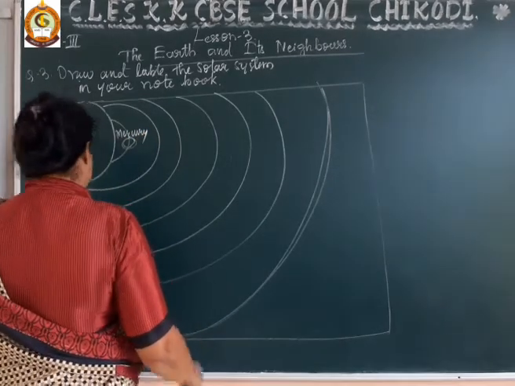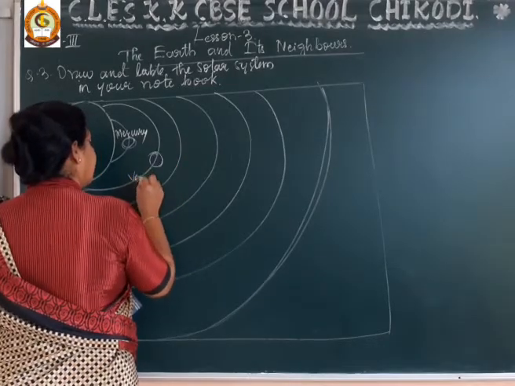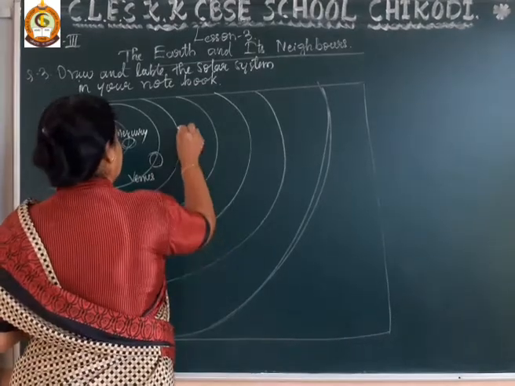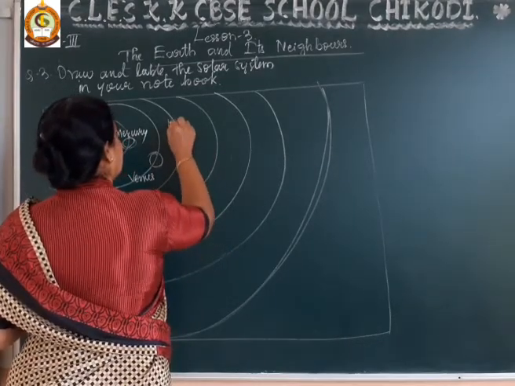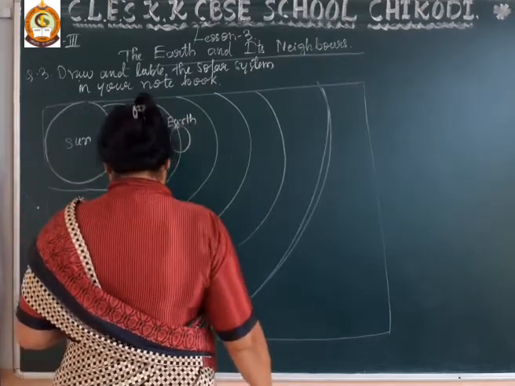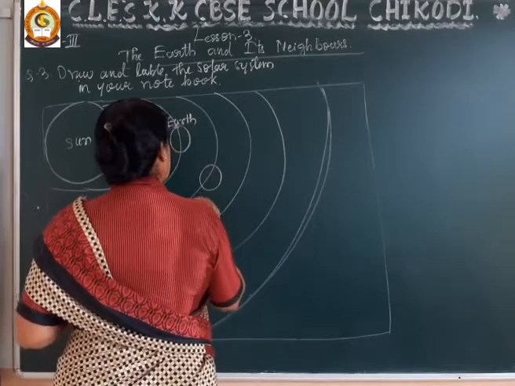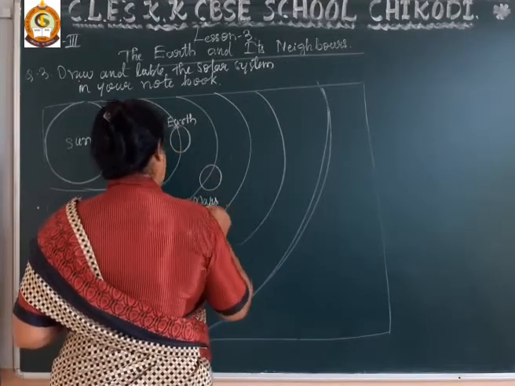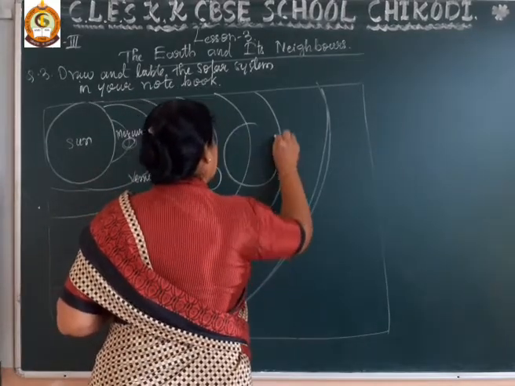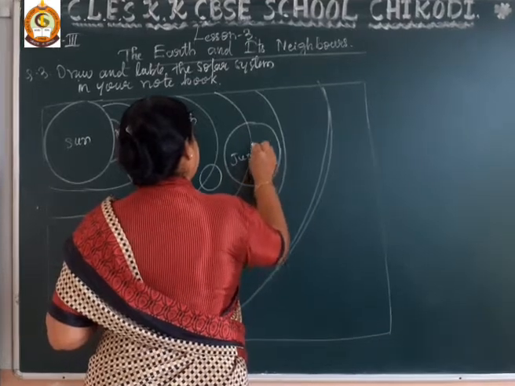So the next planet is Venus. And dear student, after this, Earth. And after this, Mars. Then dear student, the biggest one, this is Jupiter.